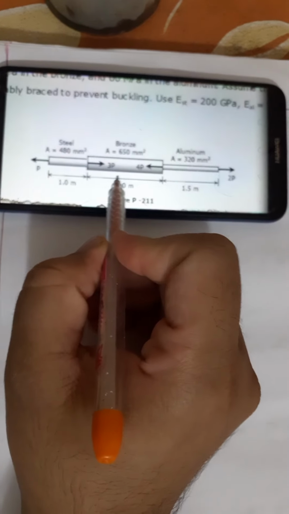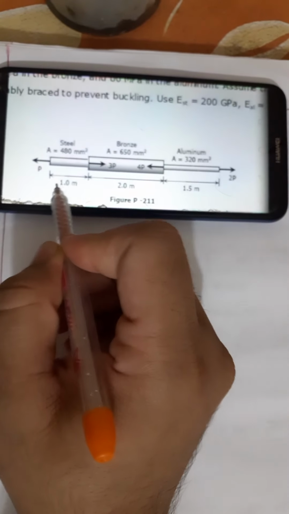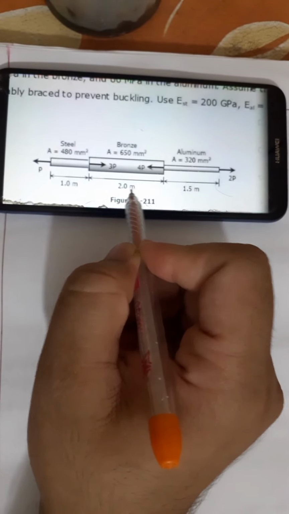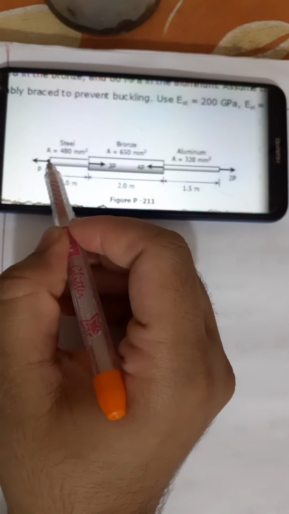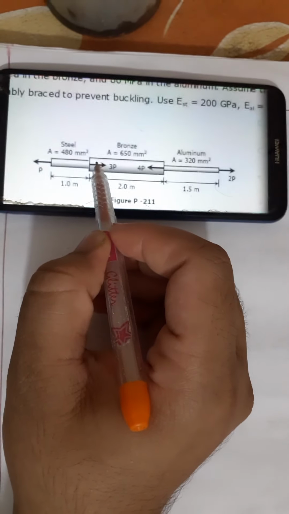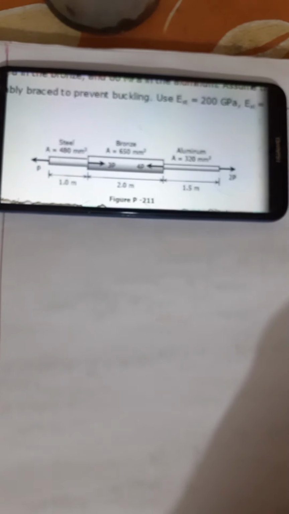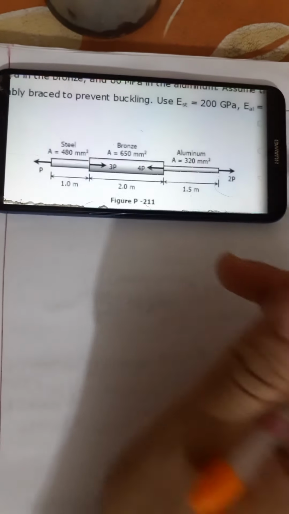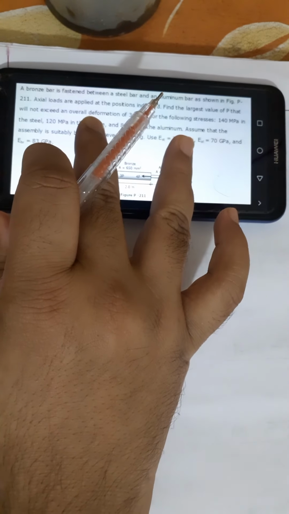And the length of each segment is also different and given: 1 meter, 2 meter and 1.5 meter. There are also some forces shown at the starting points of the steel, bronze and aluminum sections, and these three different materials. So we can go into the question.